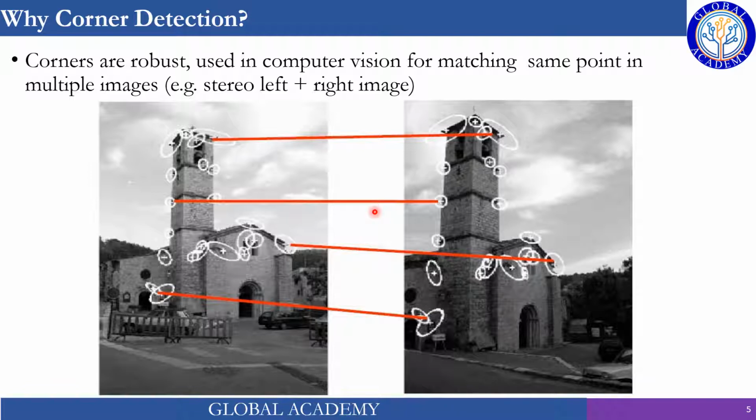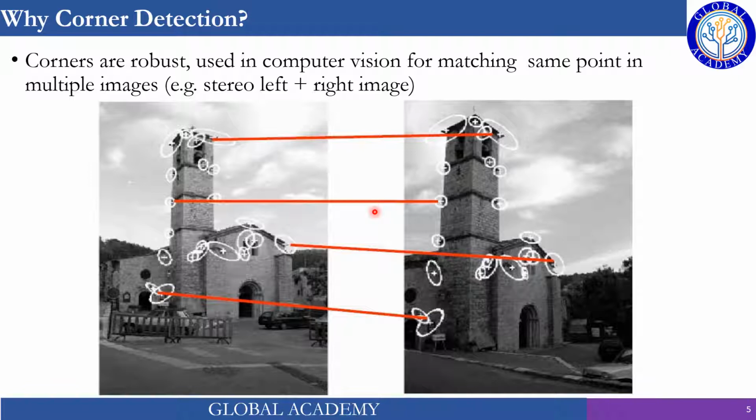So why corner detection? Corners are robust and used in computer vision for matching. We have an image and we can detect some corners, Harris corners, and then save those corners, and later on, based on those corners, we can detect images.